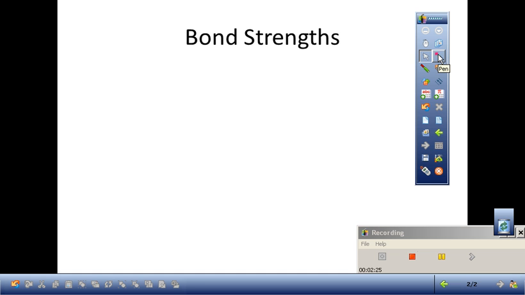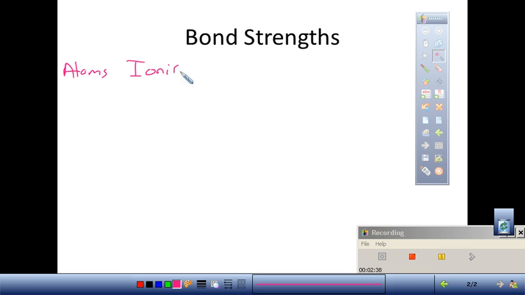Alright, bond strength. This is something I had you memorize before. Remember, we have bonds between atoms, and those bonds would be ionic or covalent. Those are strong bonds. Those are the strongest.